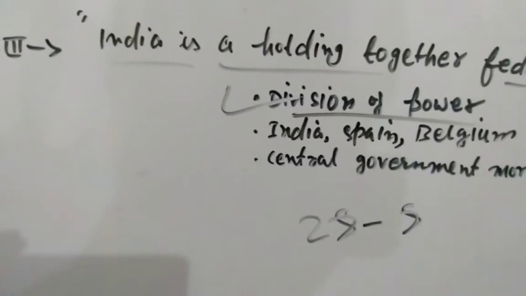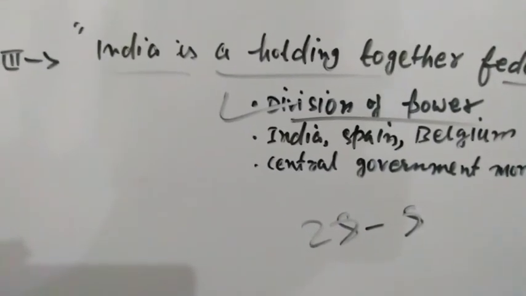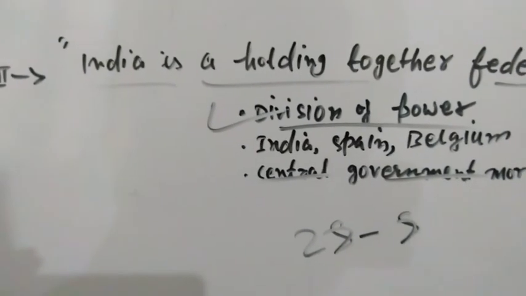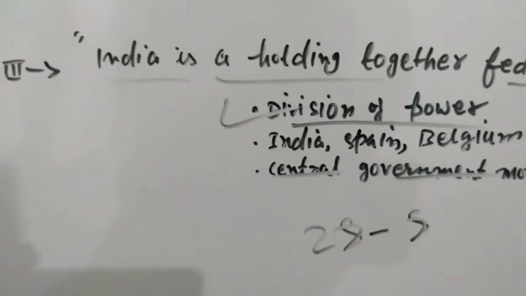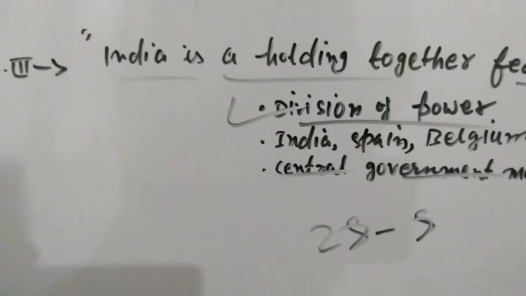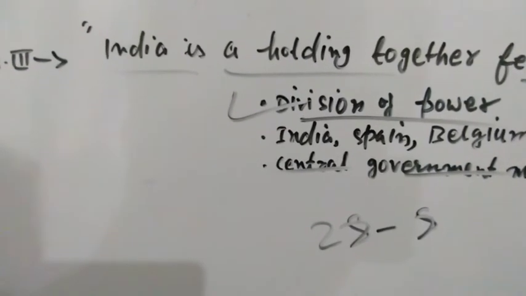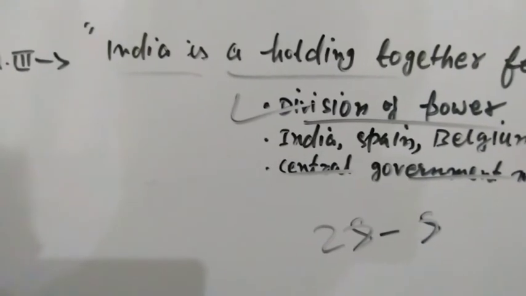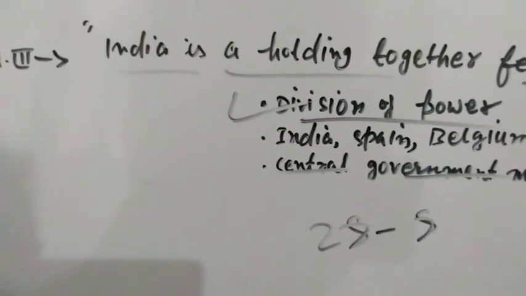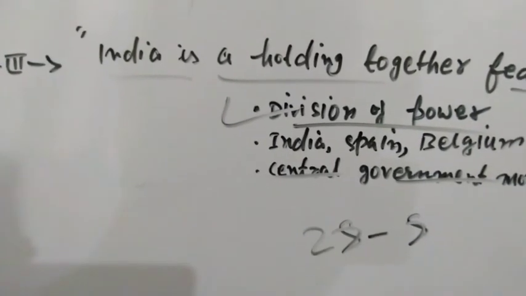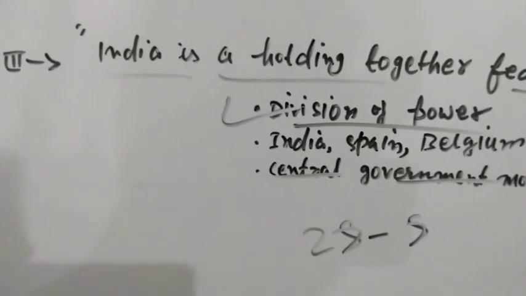In India, central government has more power in comparison to state governments. But in Switzerland, United States of America and Australia, both central government and state government have equal power because they have coming together federation. This is the basic difference.